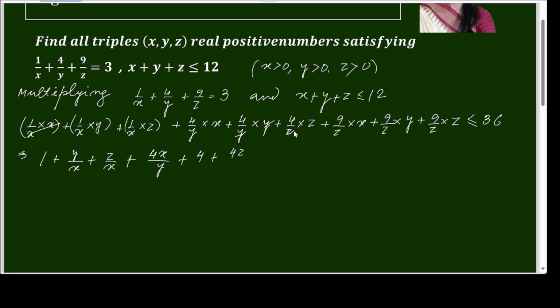This is 4 over y, mistake. So it will be 4z over y. Next is 9x over z plus 9y over z plus z cancels, 9, is less than or equal to 36.